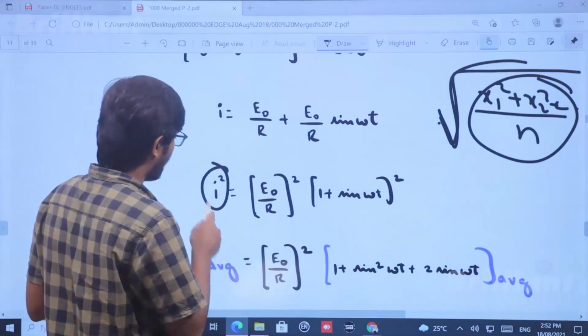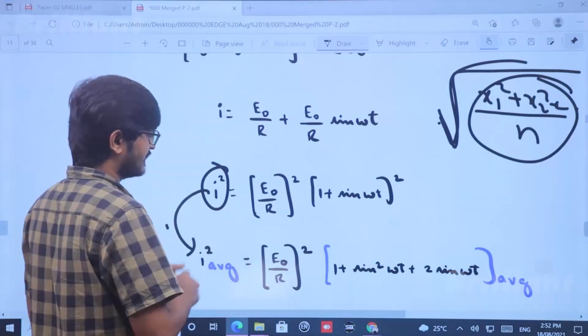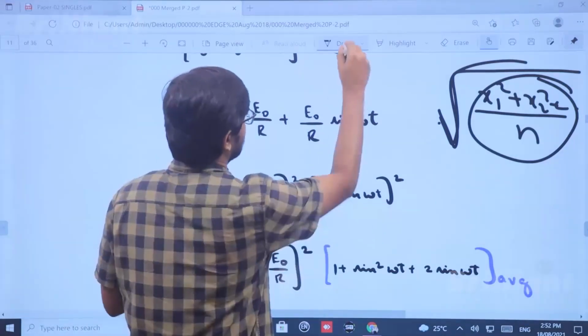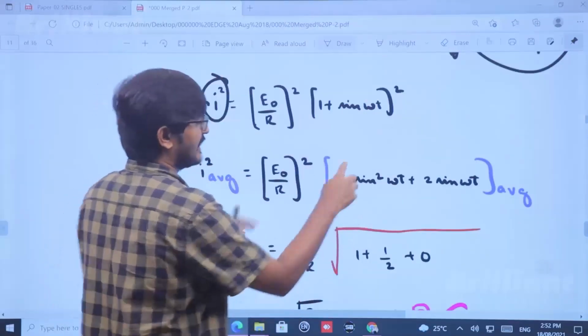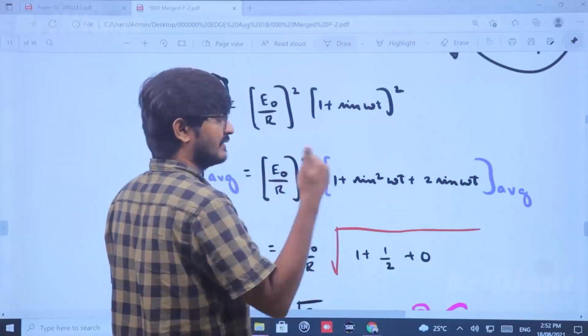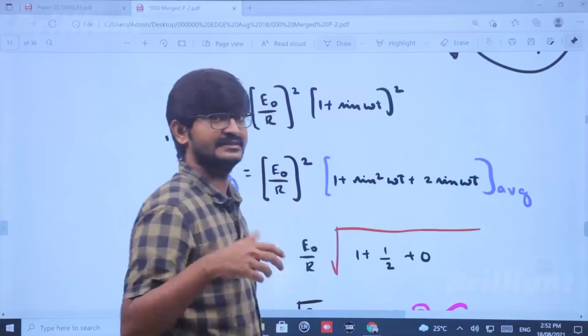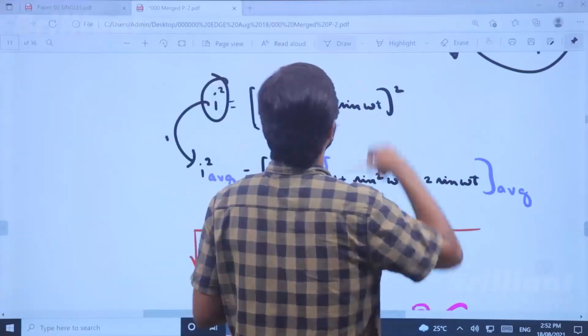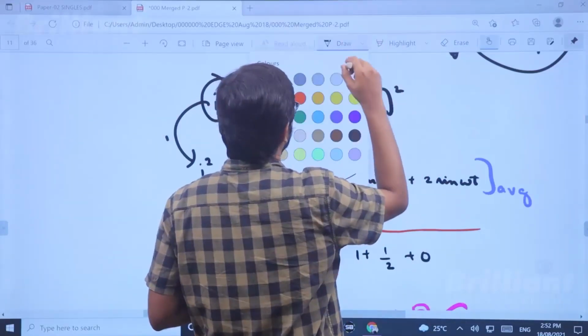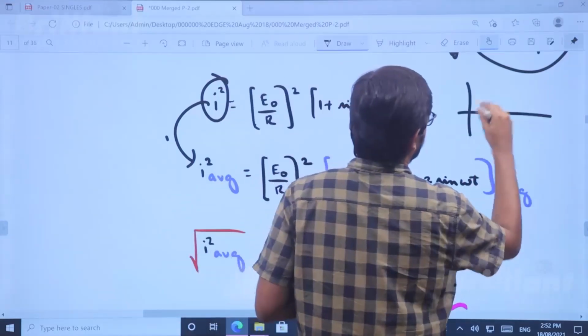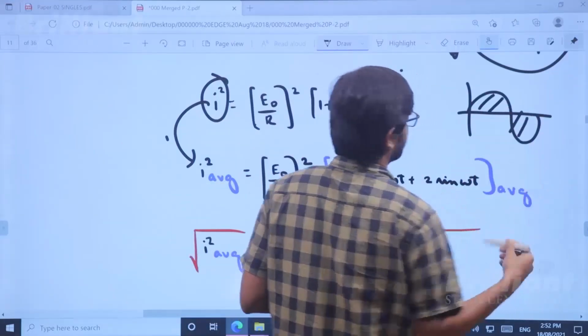Thereafter I will be finding average of I square. Average of I square is average of the right hand side term. Average of right hand side term is average of this one. Average of 1 is 1. Average of 2 sin omega t will be 0 in a full cycle, because this one and this one will get cancelled, right, in a full cycle.